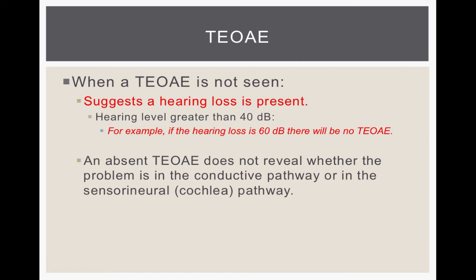But with the absence of a TEOAE, in order to be sure that the problem is in the cochlea, you also have to do tympanometry to rule out the middle ear as a cause for not getting a TEOAE, because TEOAEs could get obstructed by the travel to and from the middle ear.